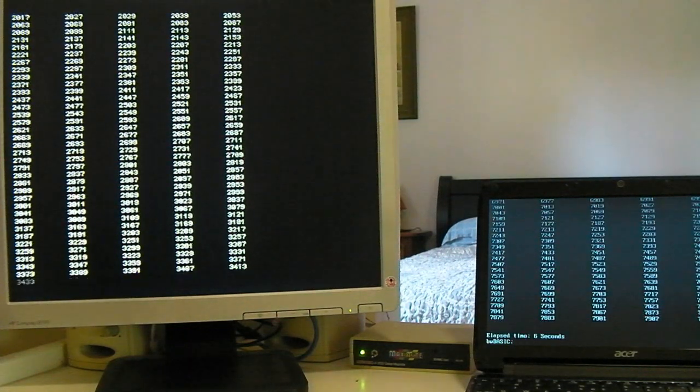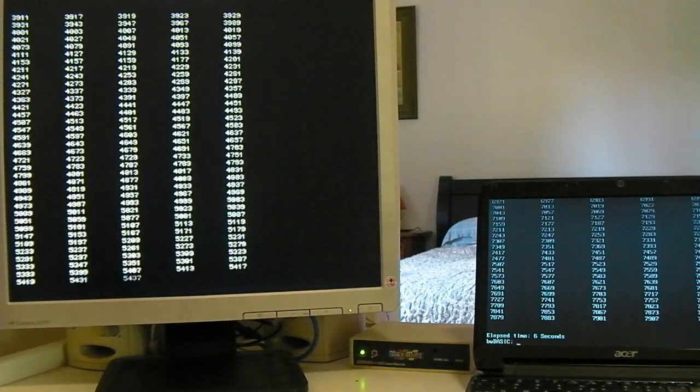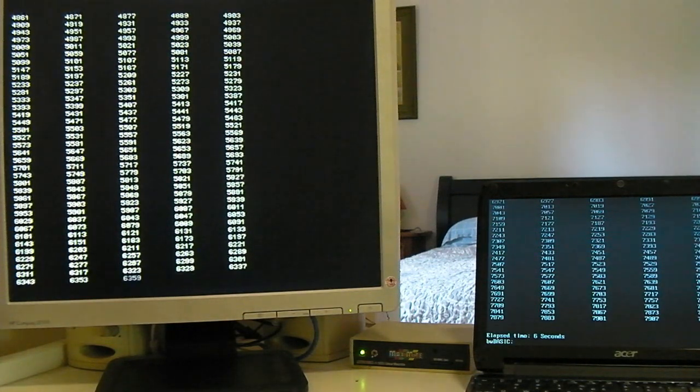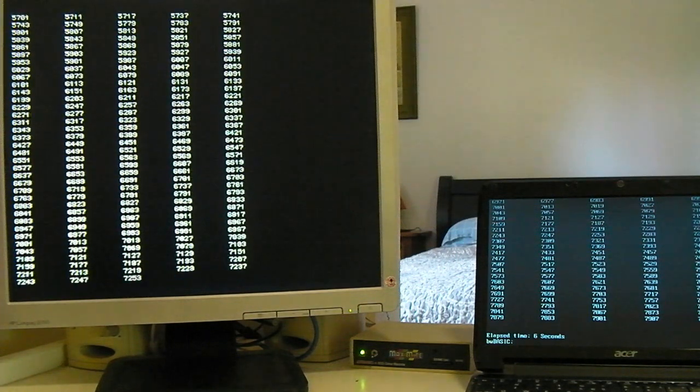It should come as no surprise that the Atom processor completed the task much faster than the PIC32 microcontroller.